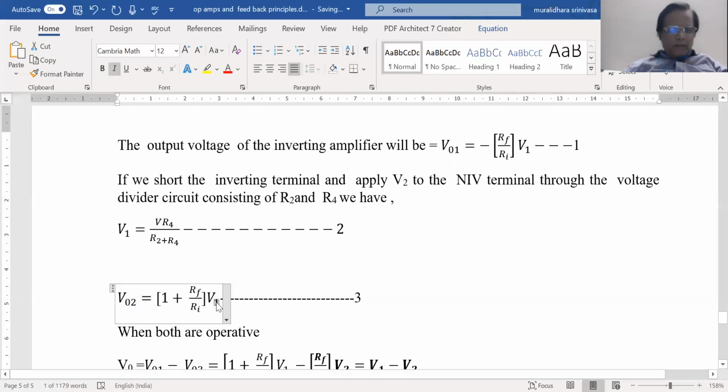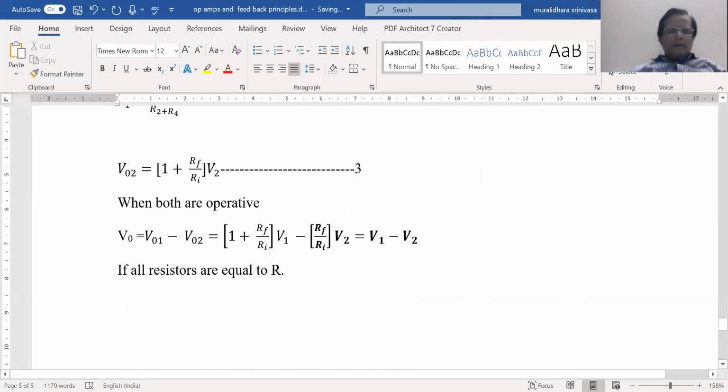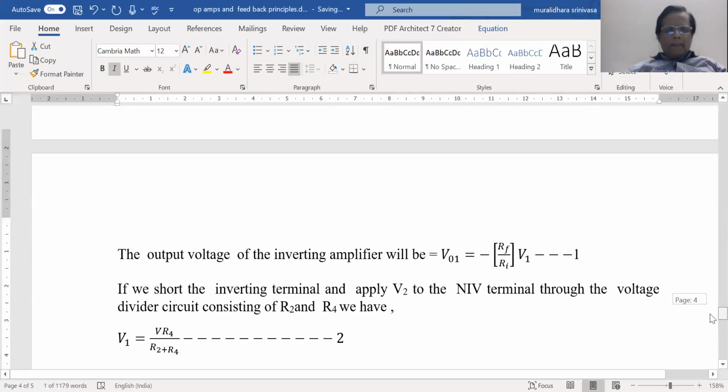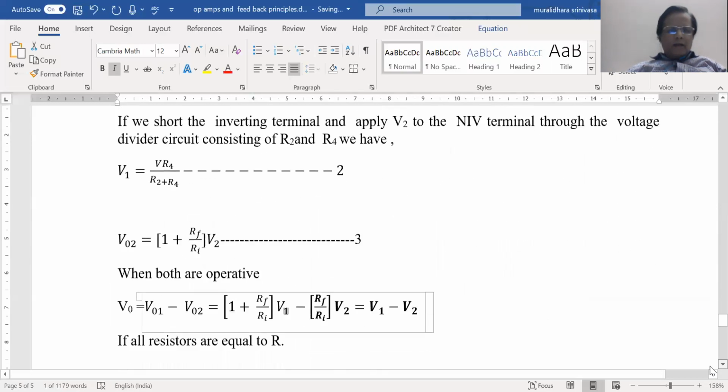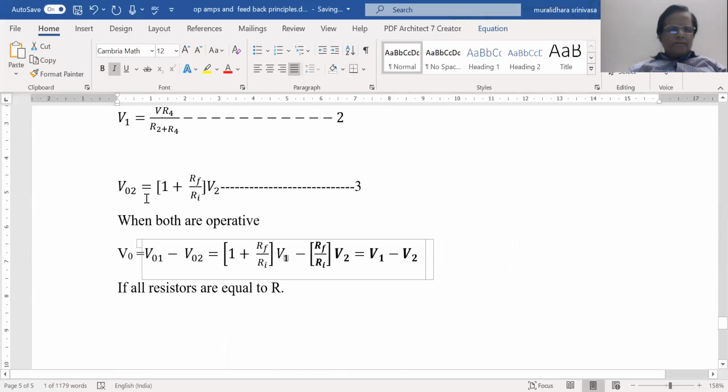Voltage is V2. When both are operative, what happens? The difference will be amplified. So 1 plus RF by RI into, what was that? V1 or V2? V1. Okay. 1 plus RF by RI into V1 is the voltage due to the inverting terminal, and when they take the difference, what happens?